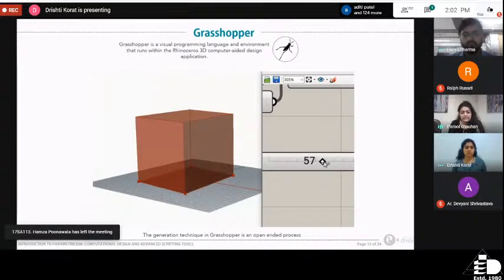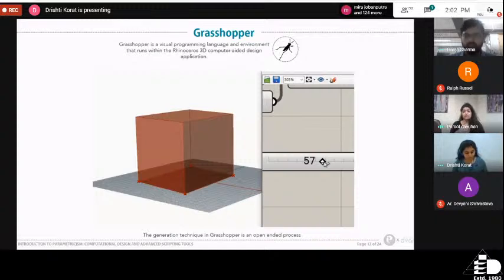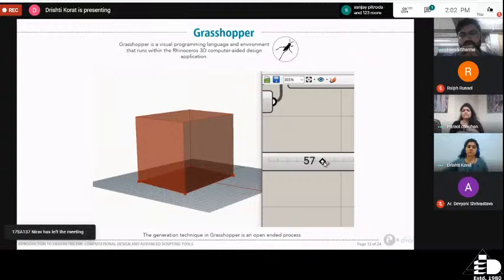You'll also have to give it a fitness criteria. For example, what do you need to maximize or minimize? Shade, maximum sunlight, whatever your criteria is, you will only state that.